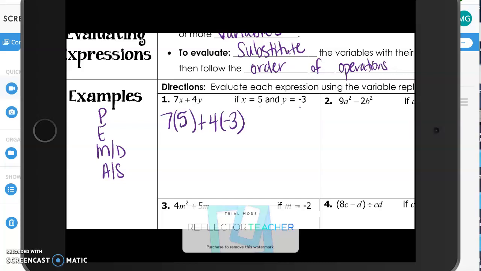Remember that when two things are right next to each other, you can write the multiplication sign, we just don't. So when you have the 7 and the 5 with parentheses, that means 7 times 5. So we would have 35 plus 4 times -3 is -12, giving us 23 as our final answer.